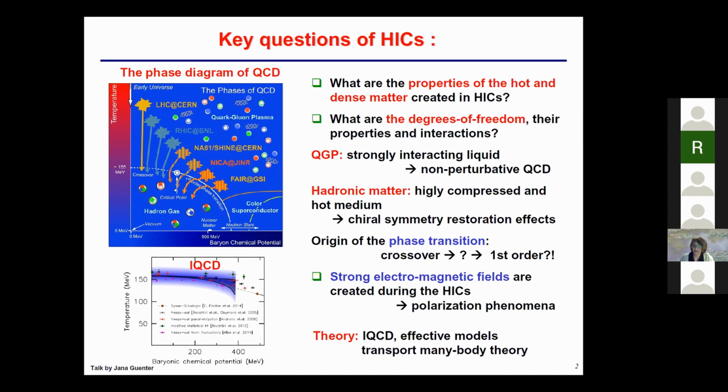Here we are definitely lacking knowledge from the fundamental theory of QCD, which is realized in lattice QCD, because, as we see from the plot below, which was shown by Jana Günther, nowadays lattice QCD can reliably provide us knowledge up to finite baryon chemical potential on the level of 400 MeV. What happens after that already relies on different effective models, other phenomenological models and some approximations of QCD.